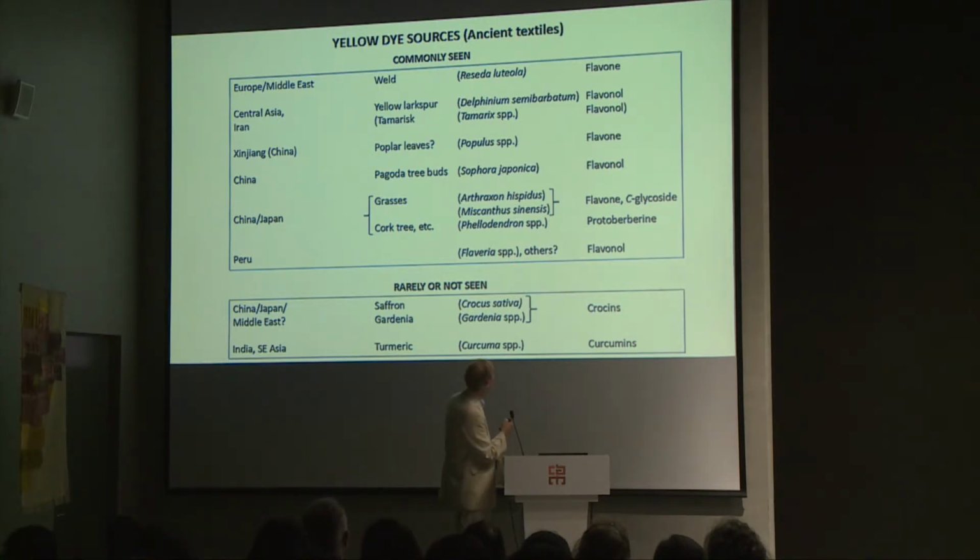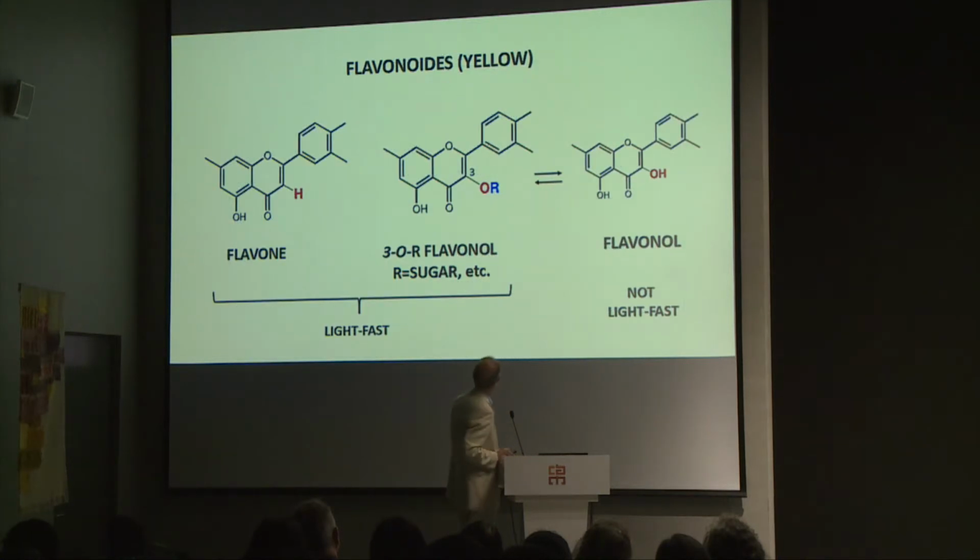But what I want to point out here is most of these yellow dyes are flavones or flavonols. And the flavone from weld was used in Europe a lot, but in other parts of the world we find a lot of these flavonols. And this just distinguishes between this overall structure of these compounds, flavonoids, is the same, except for this substituent here on position 3.